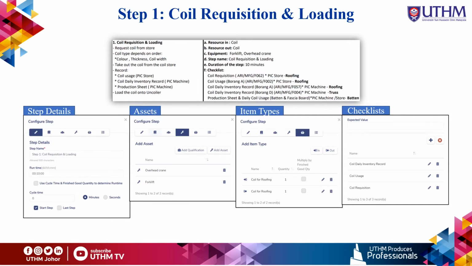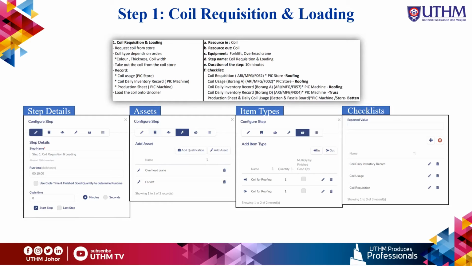Take out the coil from the coil store, record the coil usage, coil daily inventory record, and production sheet, and load the coil onto the uncoiler. The resource in is coil, resource out is also coil, and the equipment we use is forklift and overhead crane.